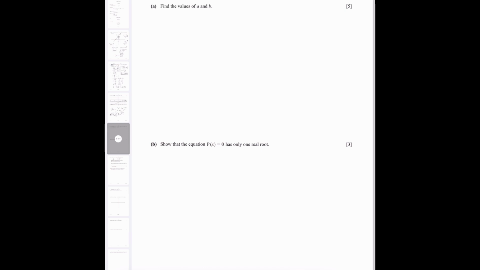So let me use 2x plus 1, that means x equals minus half, and let me substitute it, a times minus 1 by 2 whole cube plus b times minus 1 by 2 whole square plus 3 times minus 1 by 2 plus 2 equals 0, since it is mentioned factor means remainder is 0.